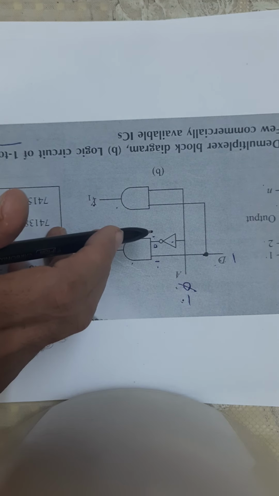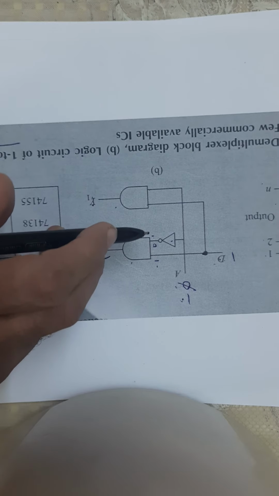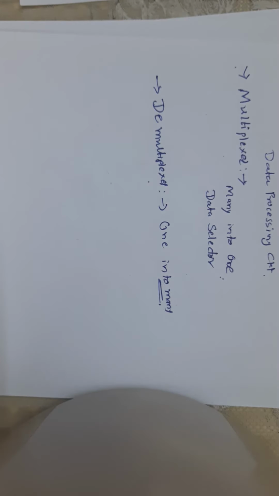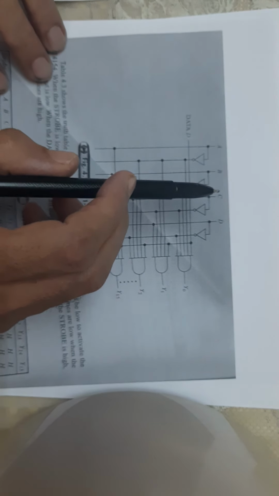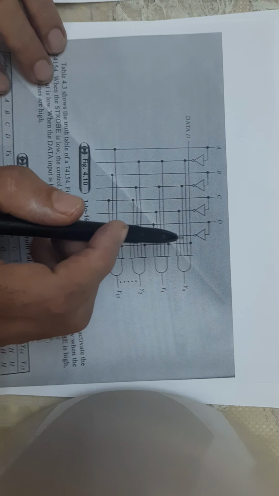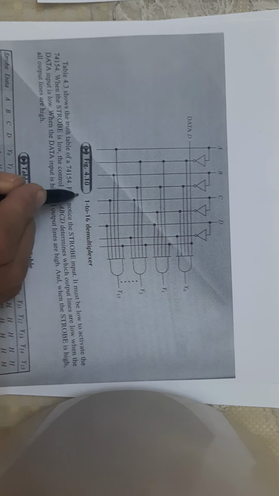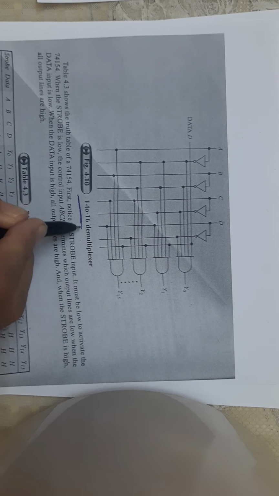In the above figure, we can change the number of outputs. Instead of 1 into 2, we are now using 1 into 4, or a 1 to 16 demultiplexer.